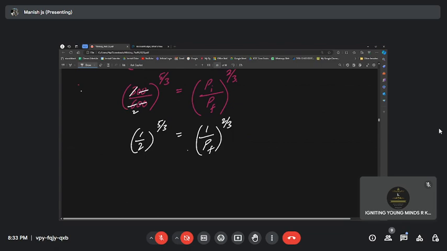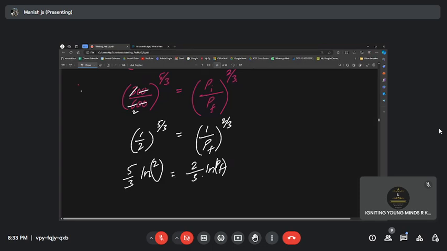You can take logarithm here because of the exponential form, so I use the natural logarithm. So this can be written as 5 by 3 ln 2 equals 2 by 3 ln Pf.